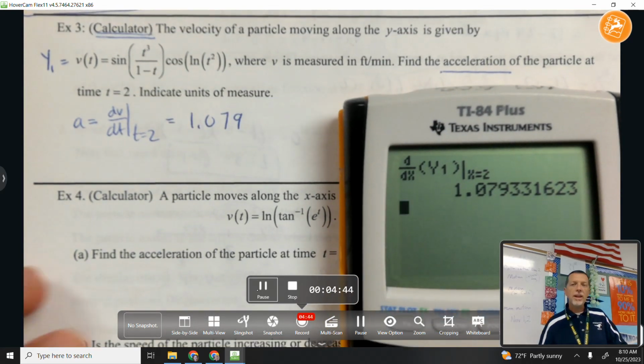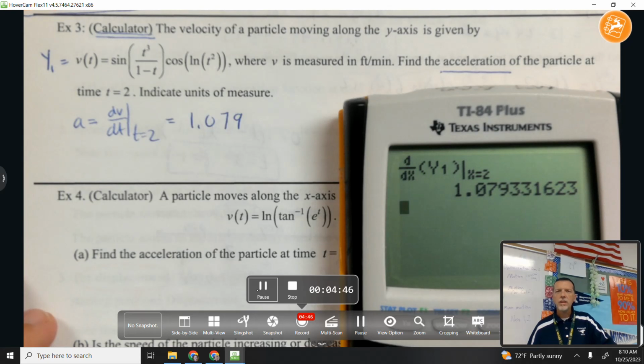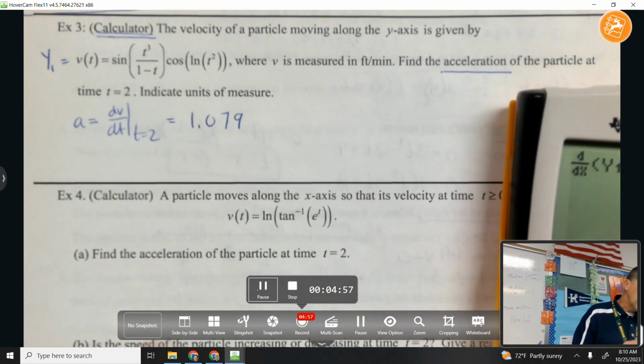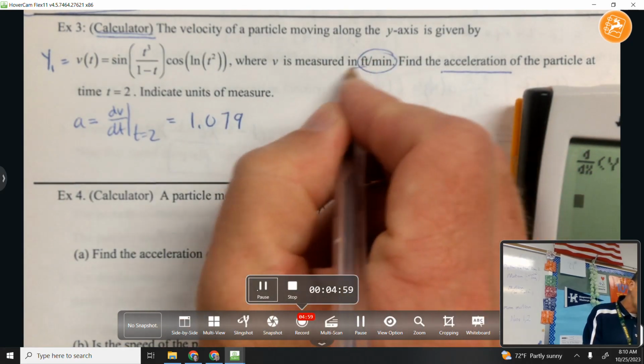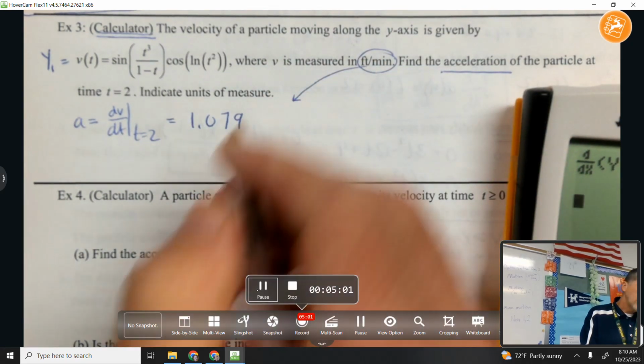You want to be in radians. You'll always be in radians in here. It says indicate units of measure, and yes, it is feet per minute. So what would acceleration be in? Feet per minute squared.